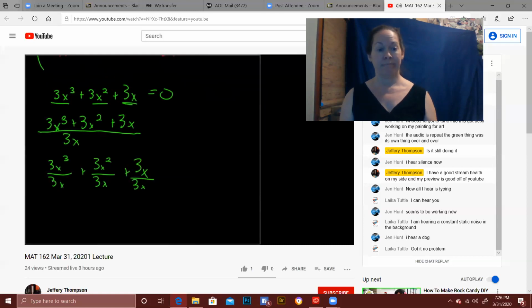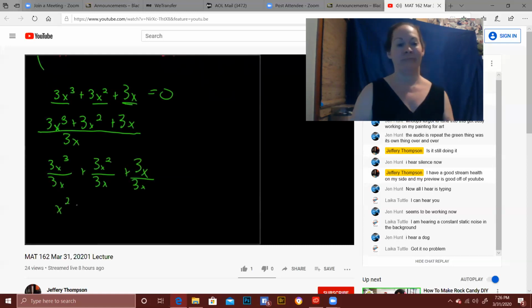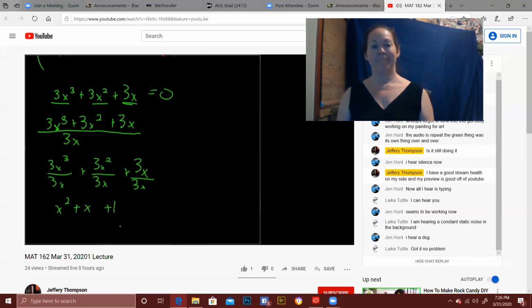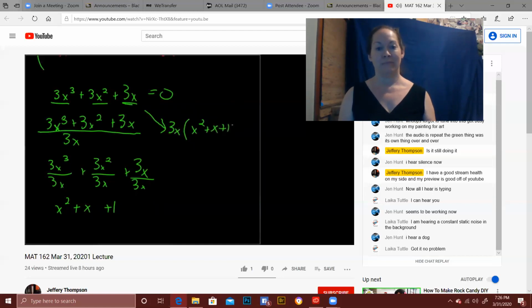And so this would give me x squared plus x plus 1. Well, that 3x would have been one factor, so I'm going to rewrite this equation as 3x times x squared plus x plus 1.